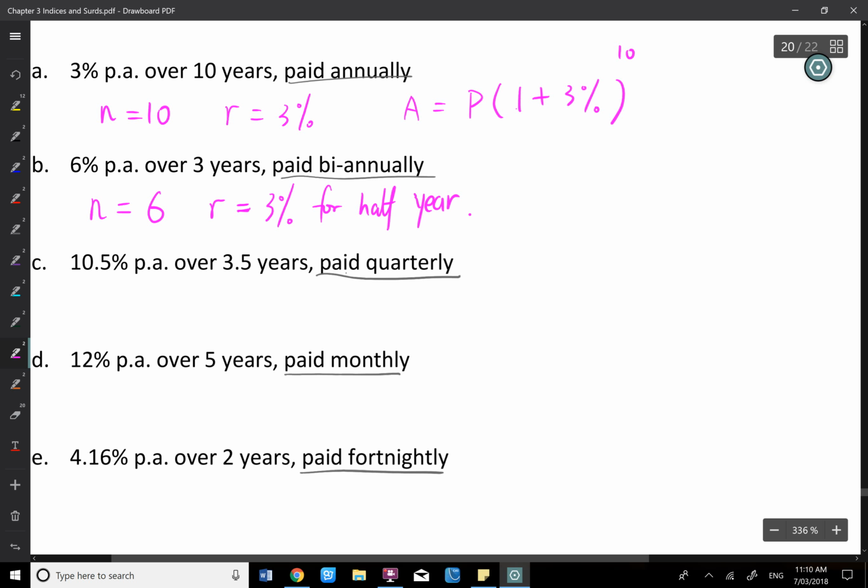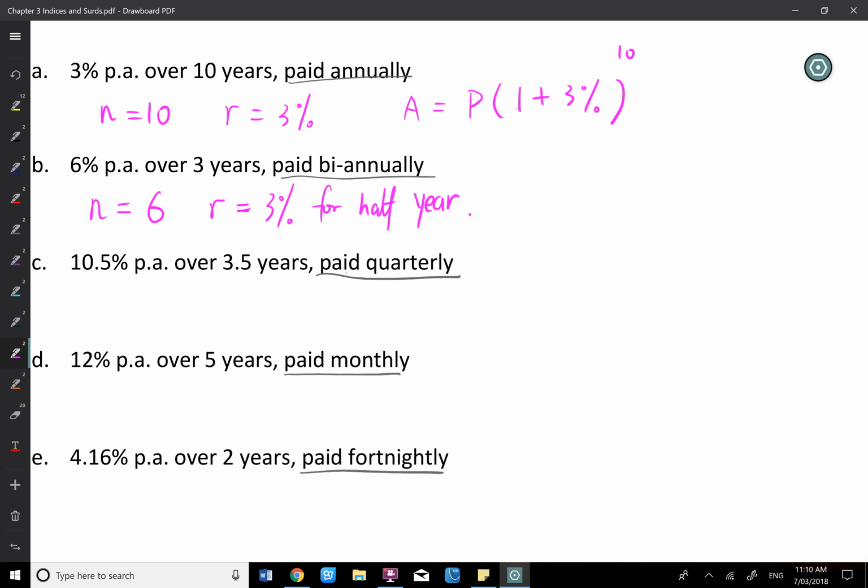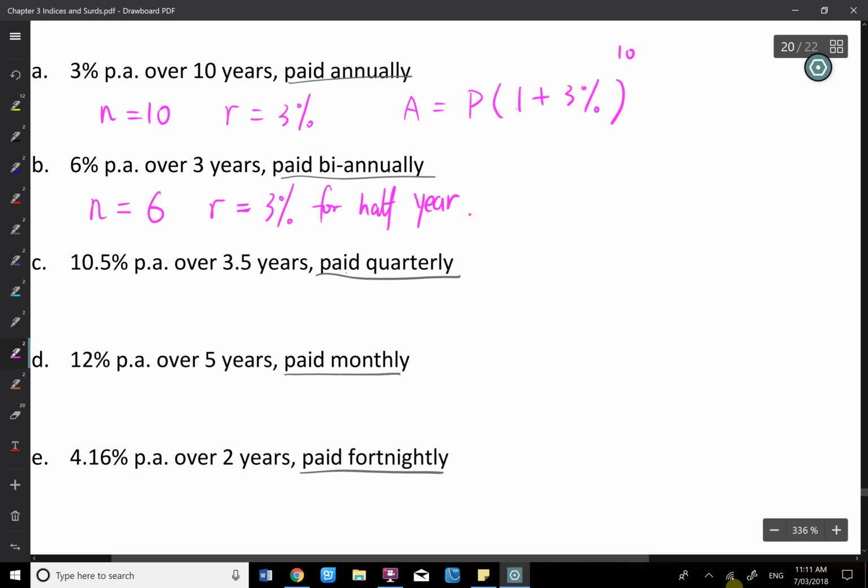So you are paid 6 times, but for each payment period, you can't receive 6%. It's too good. Other people receive $6 for a whole year, but you would receive $6 for half a year. We won't do it like that. So you have the period, and you also need the interest rate. In this case, A will be P times 1 plus 3%, to the power of 6.